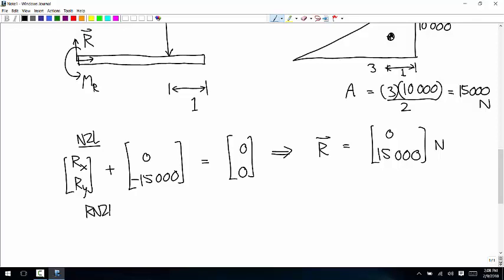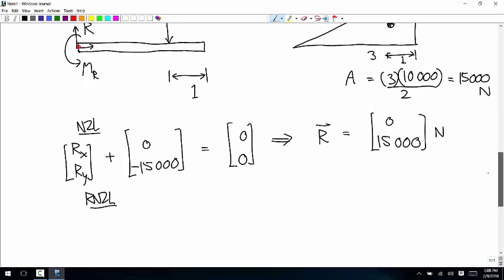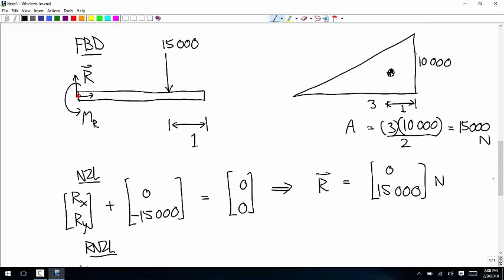And the moment equation says, so I'll put my about point here. We have the moment MR, the reaction moment. And then the 15,000 Newton force has a moment arm of 2 meters.